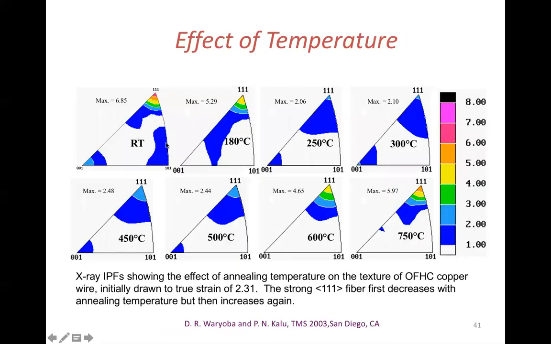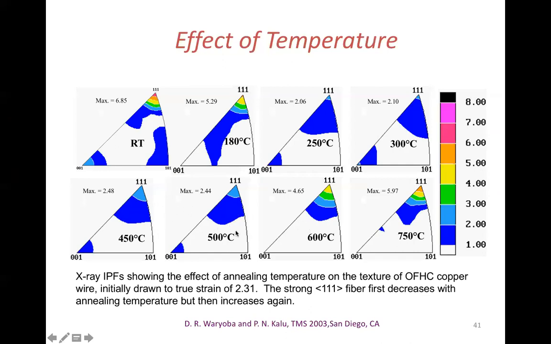Temperature also has another huge effect, right? If we do a drawing and then we anneal it, the temperature at which we do the annealing gives us very different final textures. At room temperature, in this case, we have a max intensity of almost 7. As we increase the temperature, this decreases.